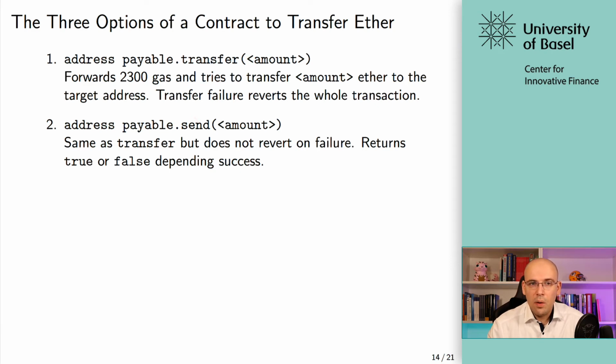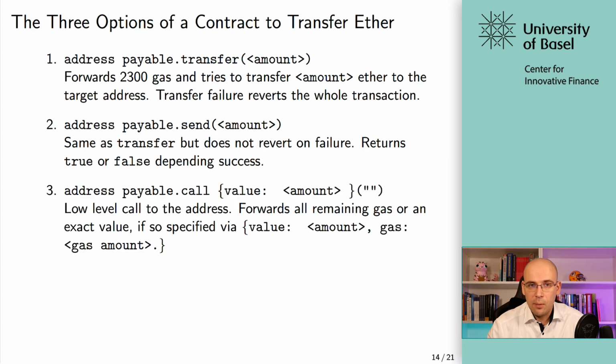With send, you also have the amount right here, and it also will try to send the amount. But the difference to the transfer is that it will not revert on failure. So it just returns true or false. You can work with that, but it will not revert the entire transaction when it fails to do so.